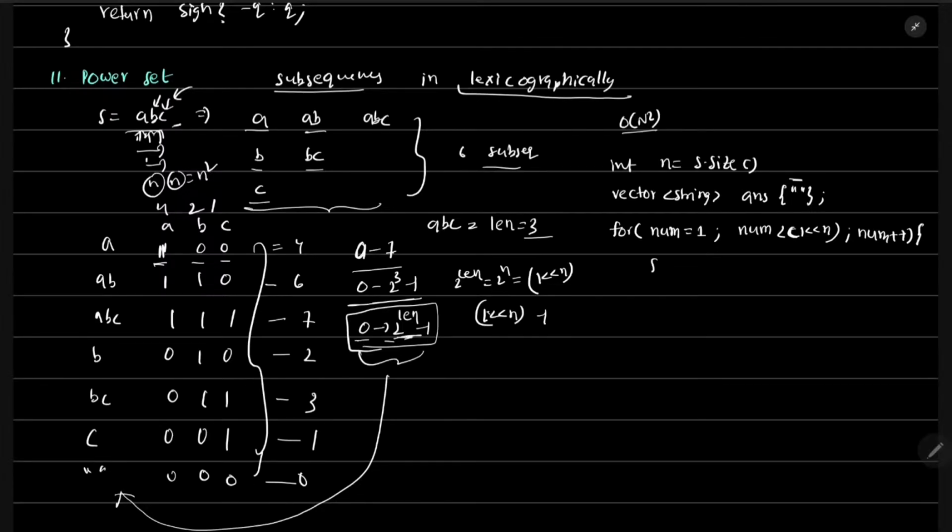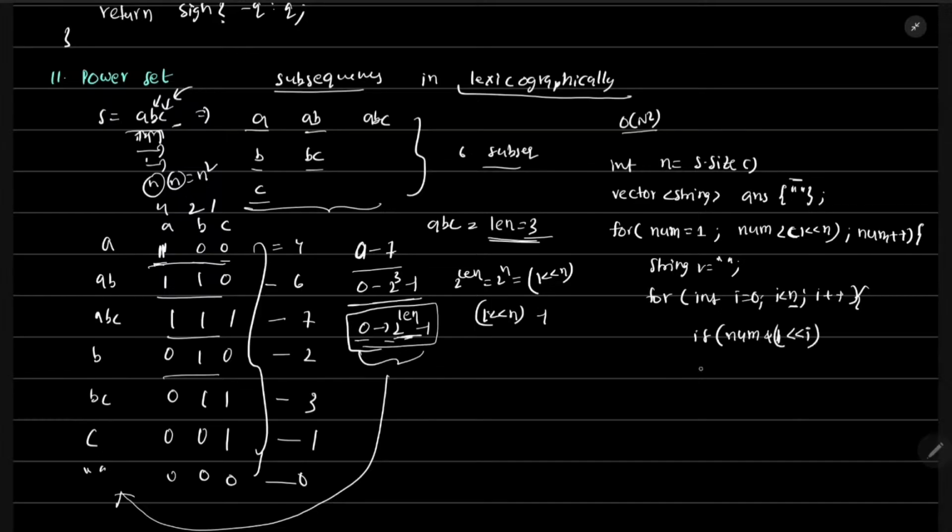Now we'll create a string here, temporary string, the subsequence. For every position, so there will be how many positions? If you observe here, length is 3, we have 3 positions, right? Every time. So I can take n here. That's why I took n here, right? Now if the value of that number at that position, I can take the position value, I can shift 1 to that position, and I check if it is 1 or not.